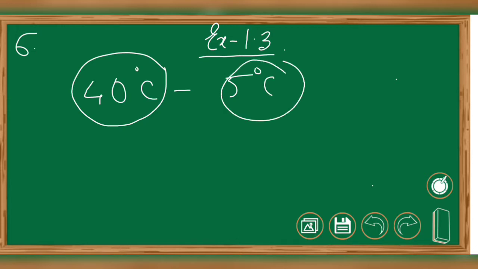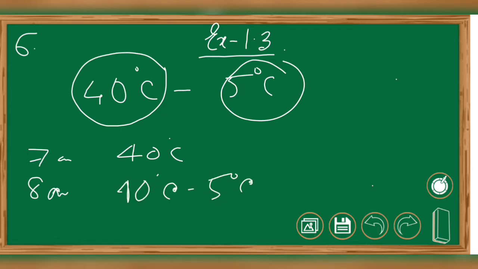Every hour. So suppose at 7 am the temperature is 40 degrees centigrade. Since it is being lowered 5 degrees centigrade every hour, at 8 am the temperature will be 5 degrees lower than the previous one, so it is 35 degrees centigrade.